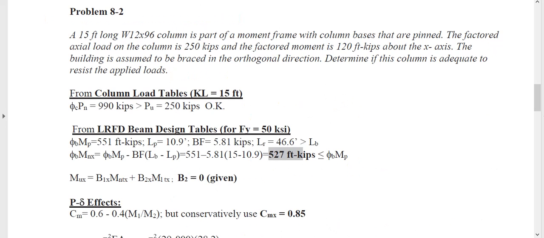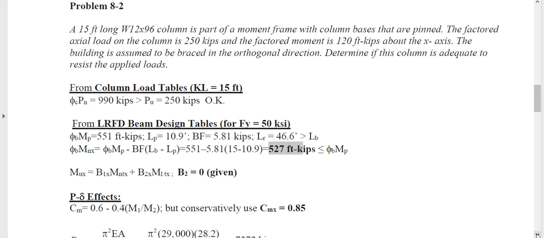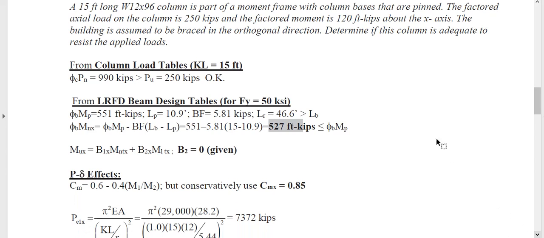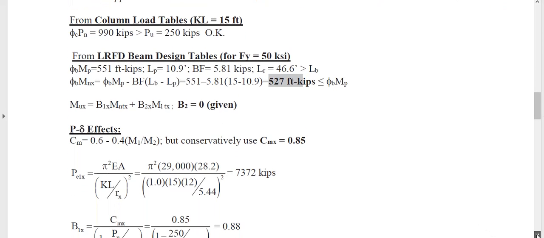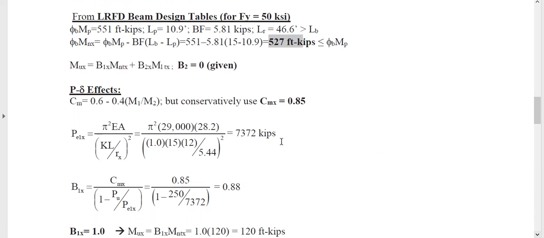Next we have to amplify our applied moment. 120 feet-kips, we need to amplify it by multiplying by B1x. How to find B1x? If I go below, this is our equation: Cmx over 1 minus Pu over Pe1x. For this value we learned that we will use 0.85 to be safe, to be conservative.